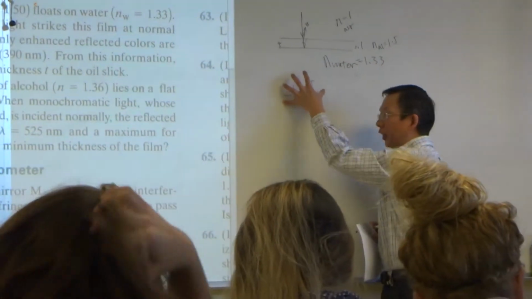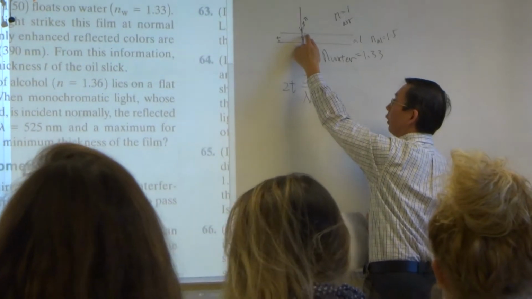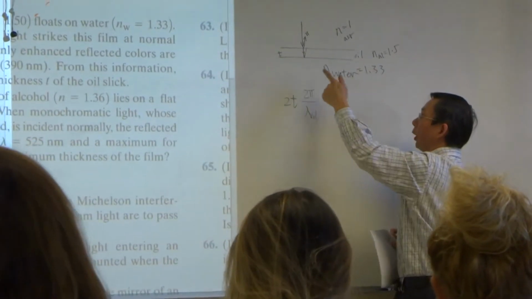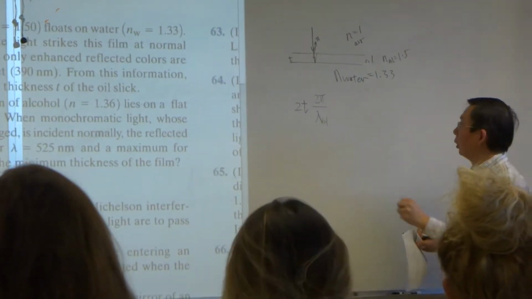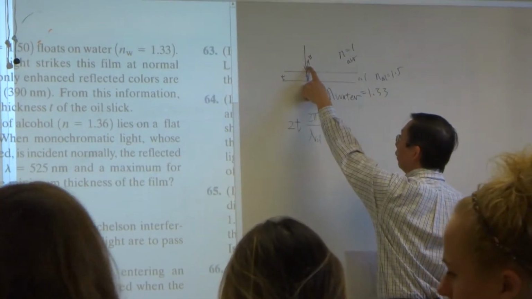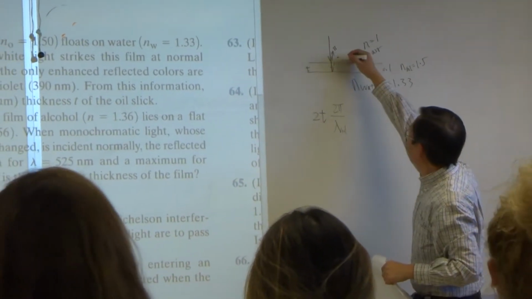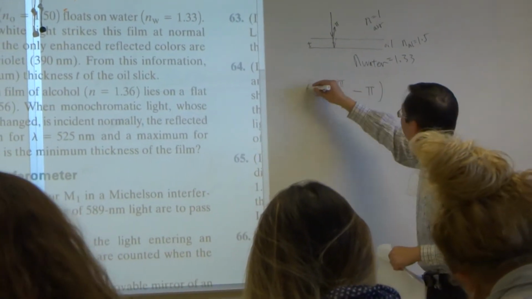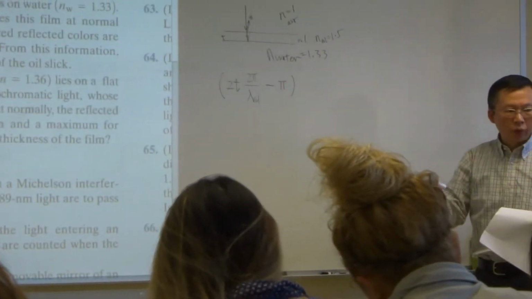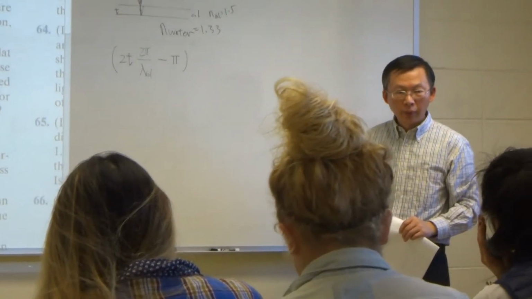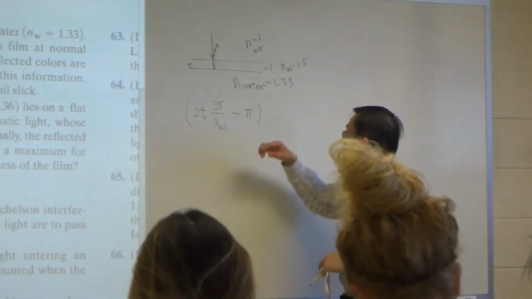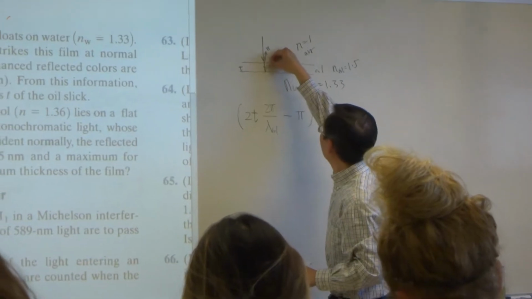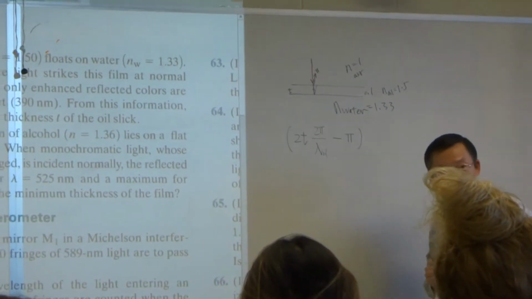That's the phase difference for the secondary reflected light. Then you need to compare the total phase difference with the first reflected light. The first reflected light changes by pi, so this one is minus pi. That's the total phase difference for the 2 reflected lights.